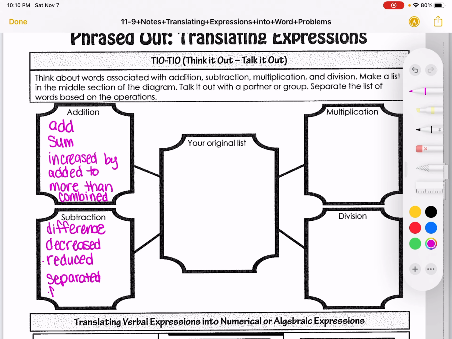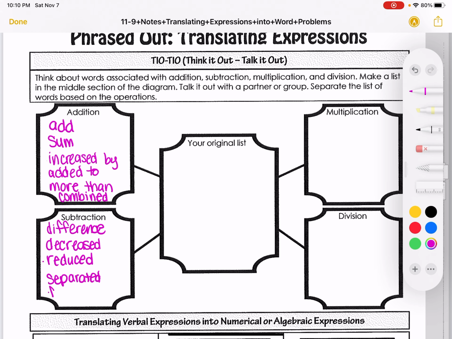And then lastly, we have a number divided by 8. We're going to have another variable there. This one we'll choose n.